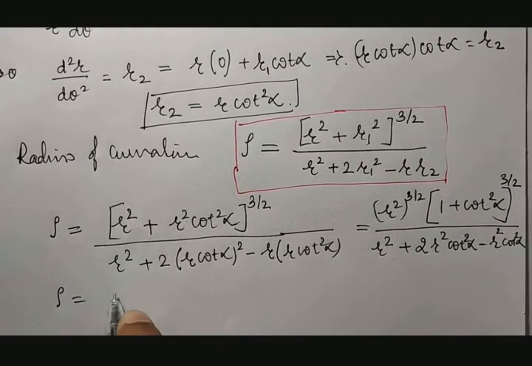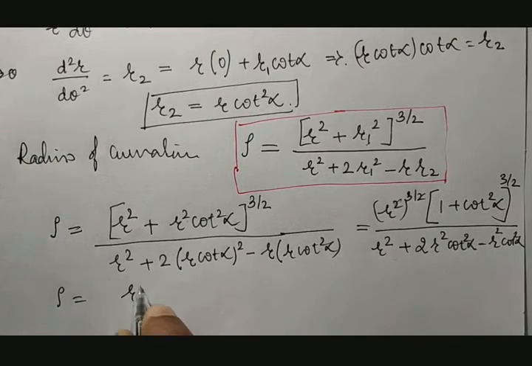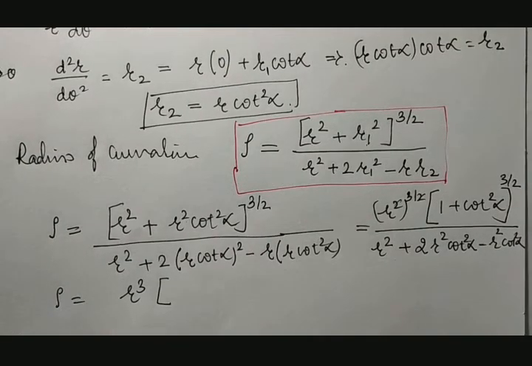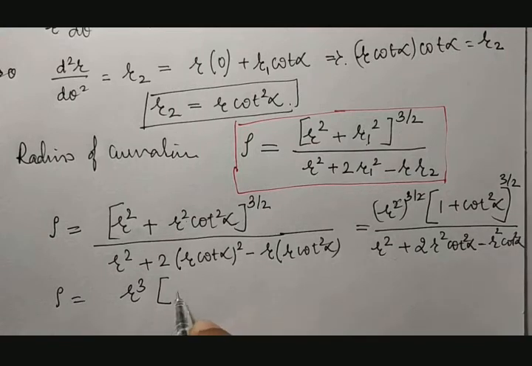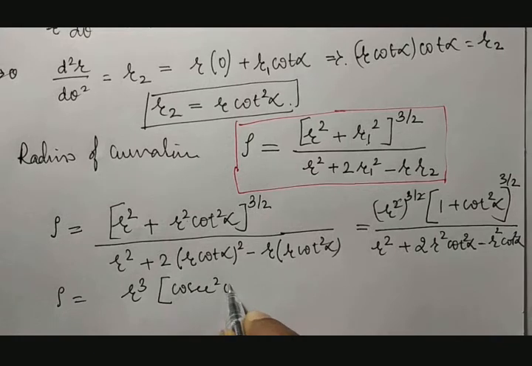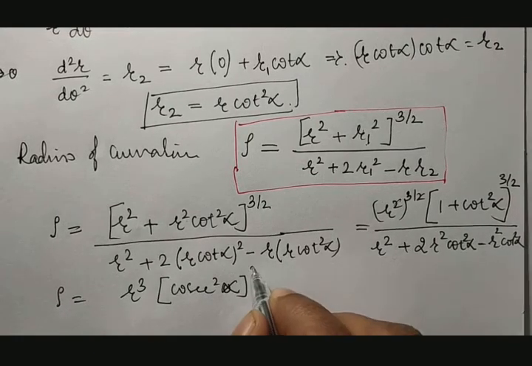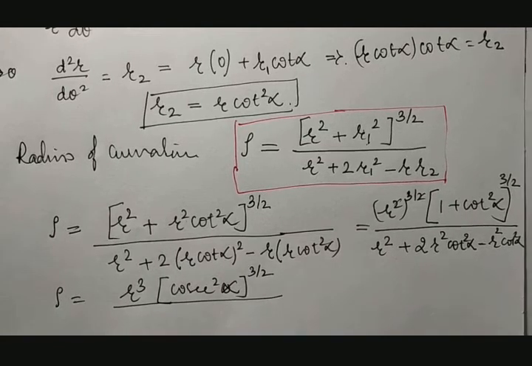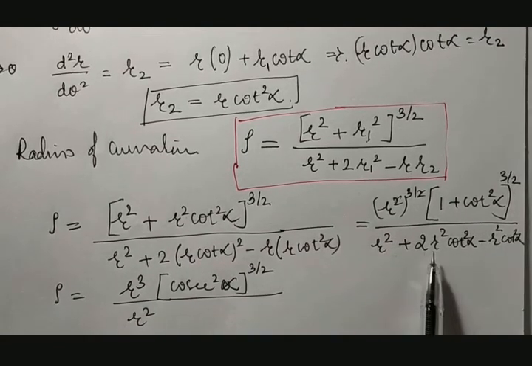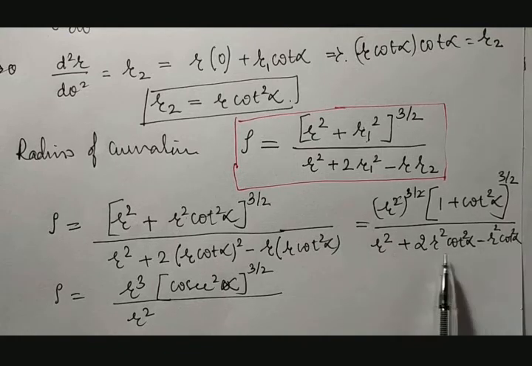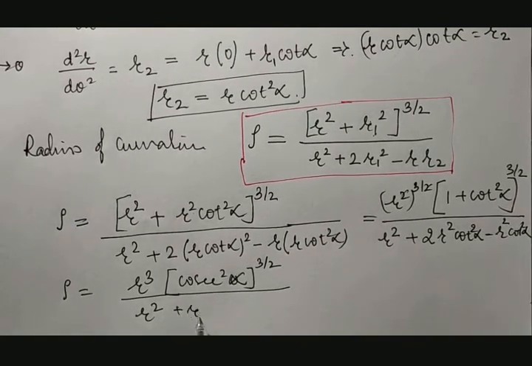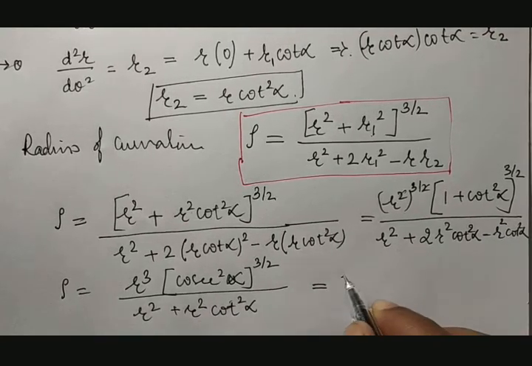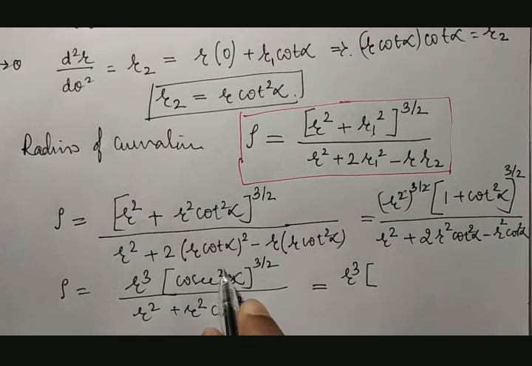Rho is equal to, here these two get cancelled, so r cube into bracket. What is 1 plus cot square? 1 plus cot square is cosec square. Fine. 1 plus cot square is cosec square alpha raised to 3 by 2 divided by r square into 2 times r square cot square alpha minus r square cot square alpha. So single times r square cot square alpha.